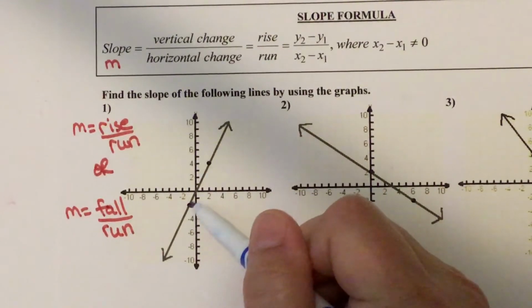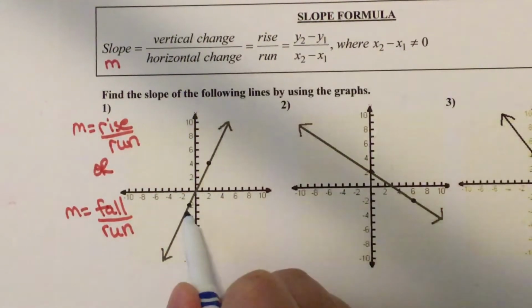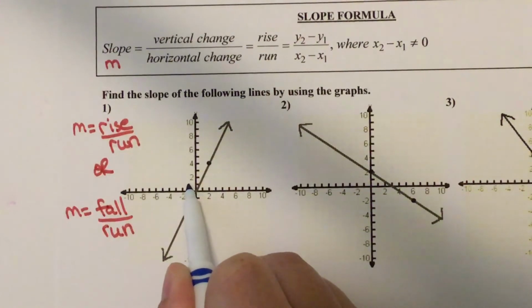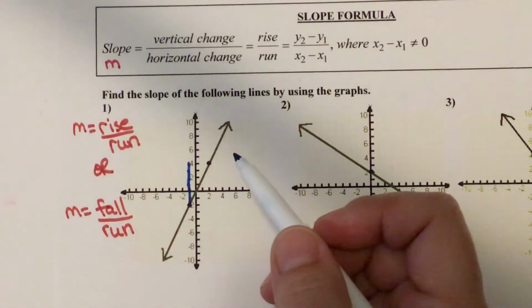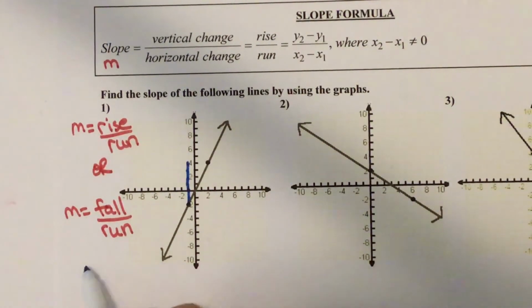So to get from this left point to this right point, I am going to rise, and you don't count until you start moving. So once you've moved a space, that's when you can count. 1, 2, 3, 4, 5, 6. I rise 6, and since I went up, that is a positive 6.